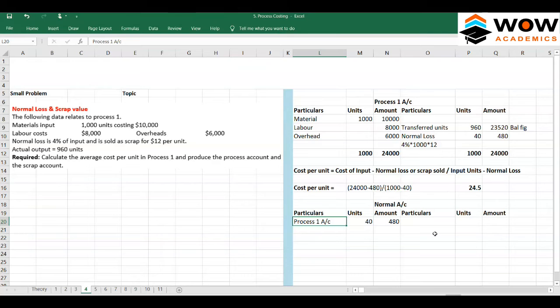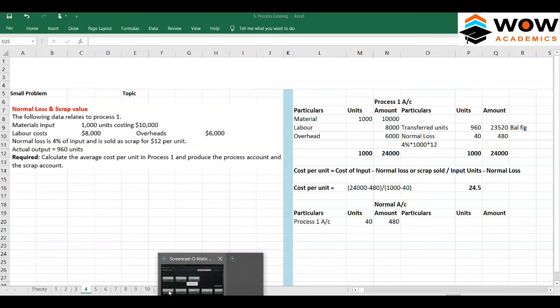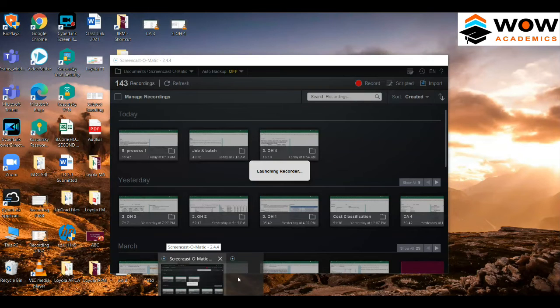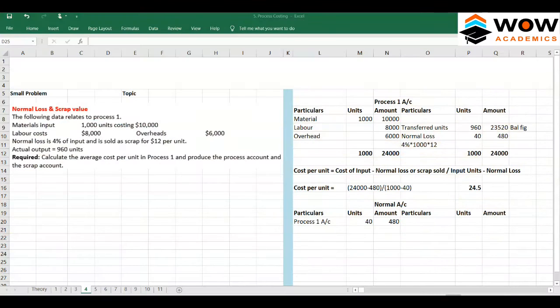So this scrap could be sold, right? This scrap could be sold, and so we could put bank here. So this would be like sold as scrap.